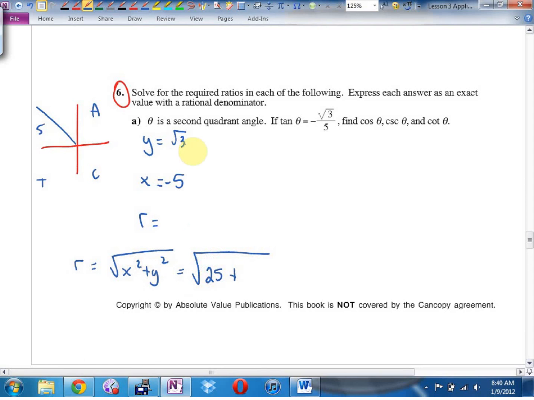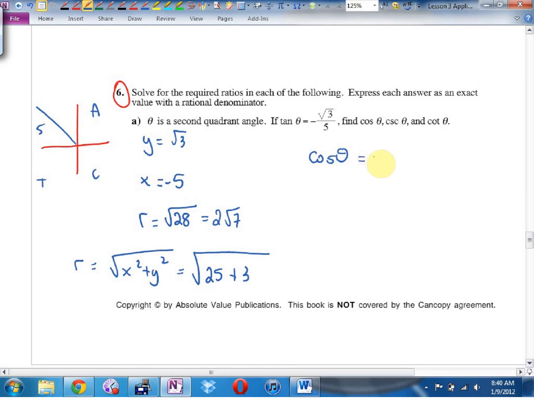Just plain old 3. r is going to be root 28. Now, they probably, in the back of the book, will write that as root 4, root 7. They'll probably write that as 2 root 7, because it is. Now I can find these. Cosine is what over what in terms of x and y and r?